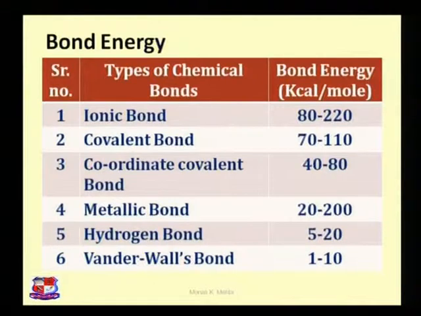In a metallic bond, the energy is between 20 to 200 kilocalorie per mole. Hydrogen bond and Van der Waals force of attraction have a low energy level. In hydrogen bond, the energy is between 5 to 20 kilocalorie per mole, and in Van der Waals bond, the energy is between 1 to 10 kilocalorie per mole.